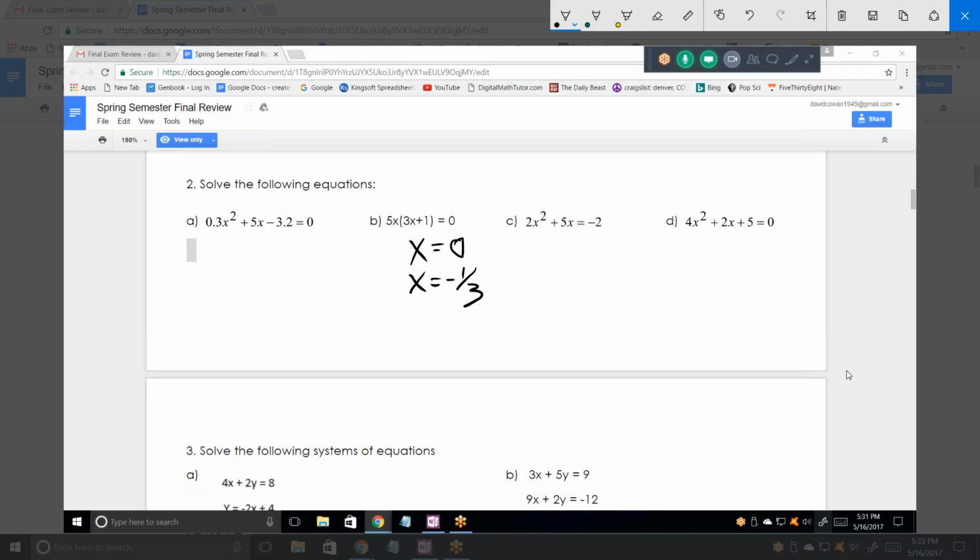Now this one, I'm guessing, probably does factor. If it doesn't, we'll use the quadratic formula. But assuming it factors, what's my first step? To add 2. Now, does that factor?